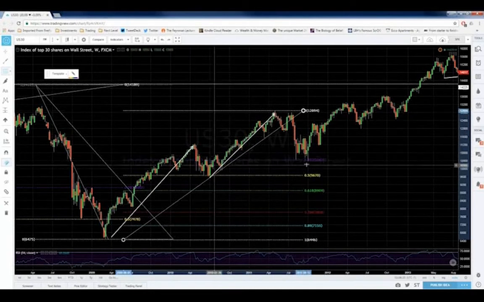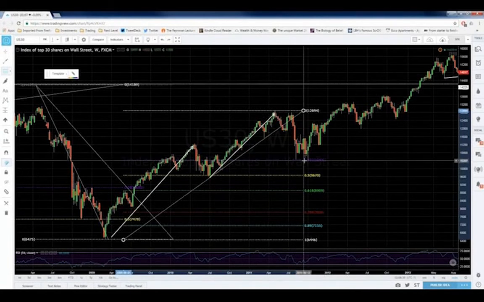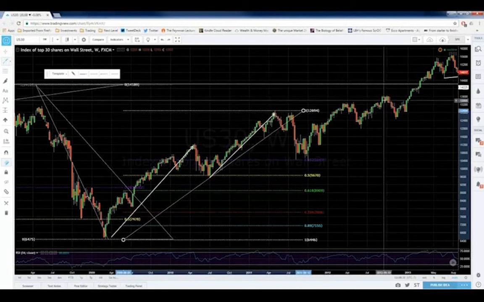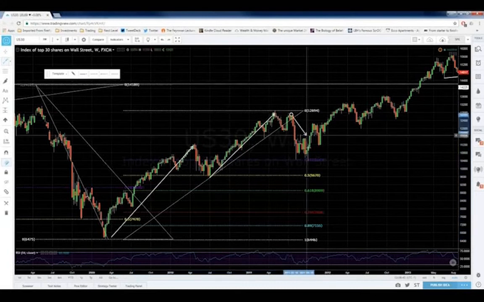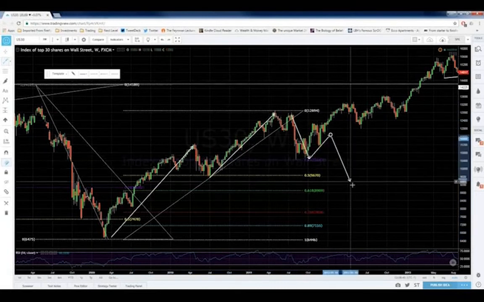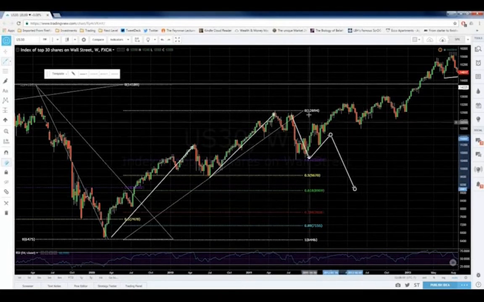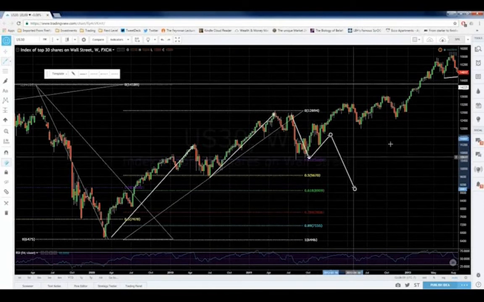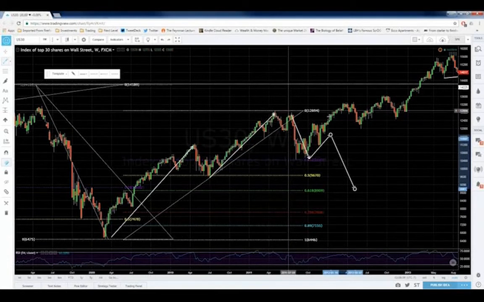So the 2 of those together, because of that symmetry, gave us a clue that this was enough of a pullback to send us higher, and that we might not get the standard pullback down from here, because the 382 was enough to hold here. We were ready for that, but once we took this high out, then we could see the symmetry of the market. So that would let us use that for projection levels.